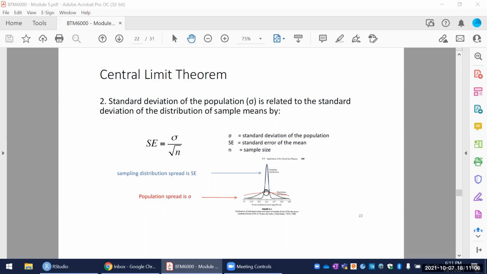The relationship between the standard error of the mean and the standard deviation of the population is built by the square root of the sample size: the standard error equals sigma, the population variability parameter, divided by the square root of n. This relationship is very important for hypothesis testing down the road.